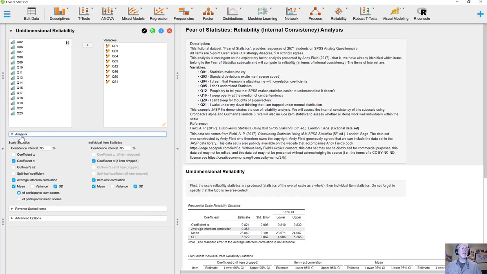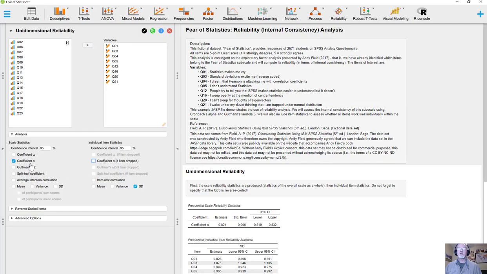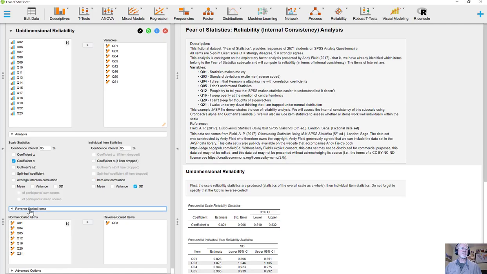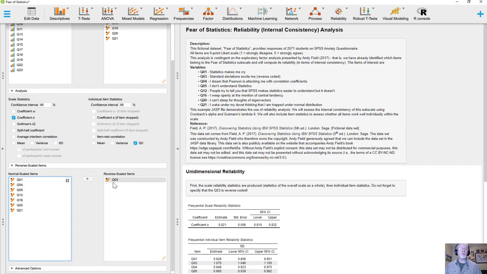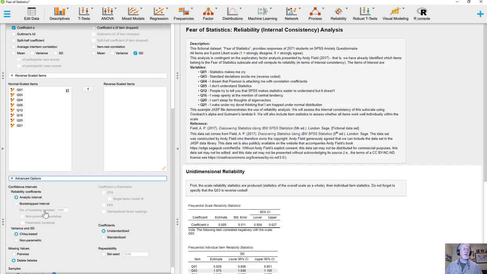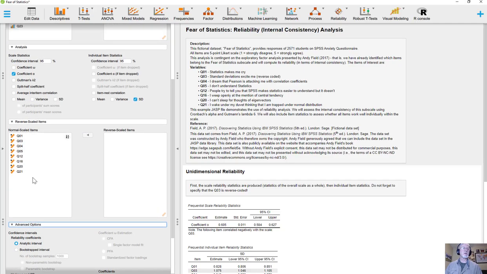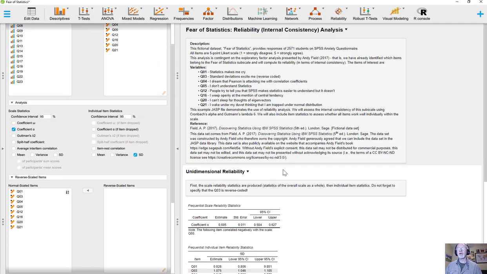To start off with, I want to get rid of most of these so that we can see what it means to add these in. We'll leave the coefficient alpha there. I want to get rid of this reverse scored item to start off with. And the advanced options are there by default and are okay.